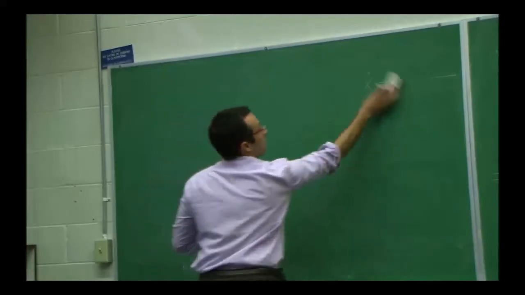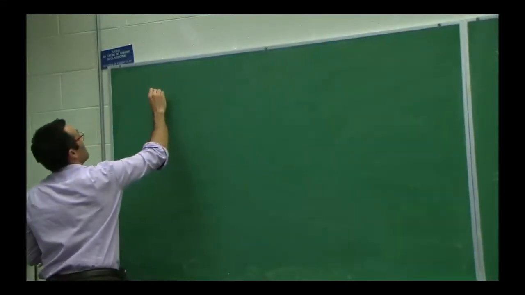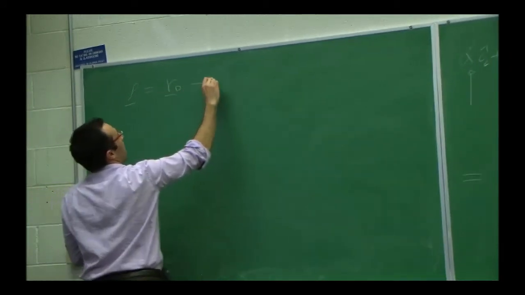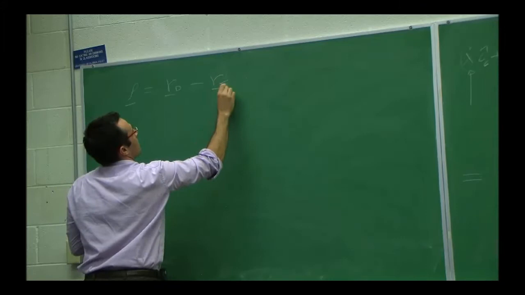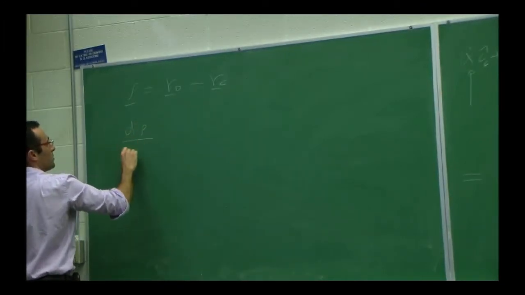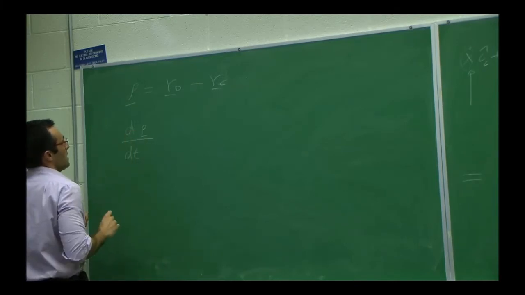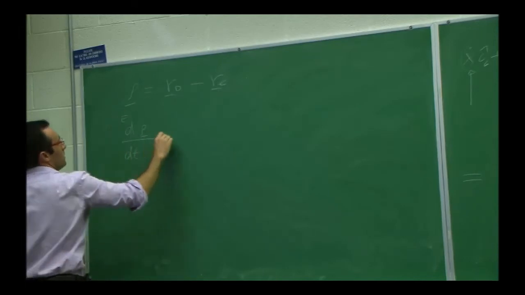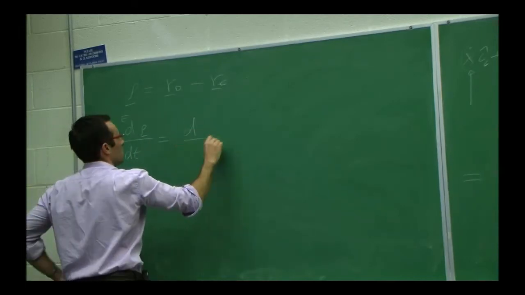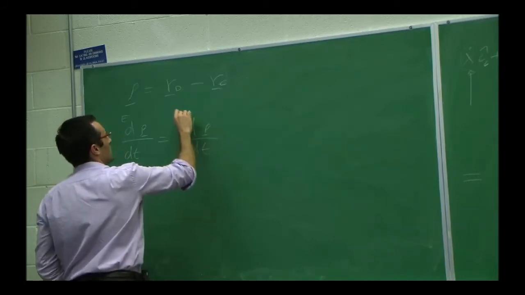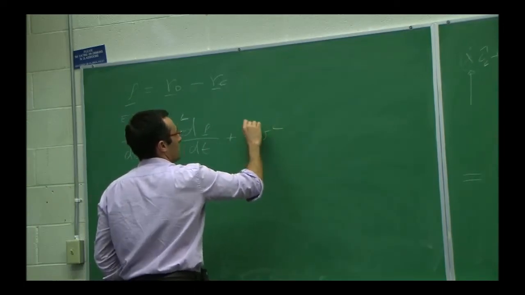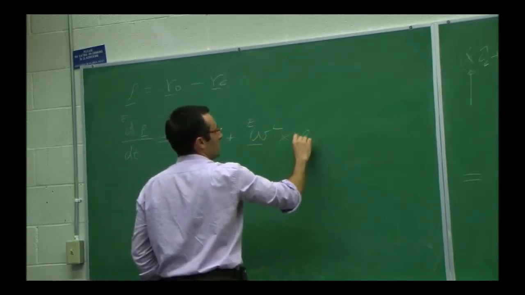Okay. This is my raw vector, and I said it's defined as RD minus RC. I hope we agree that I can write this: the rate of change of raw in ECI is the rate of change of raw in LVLH plus the angular velocity of LVLH with respect to ECI crossed with raw.